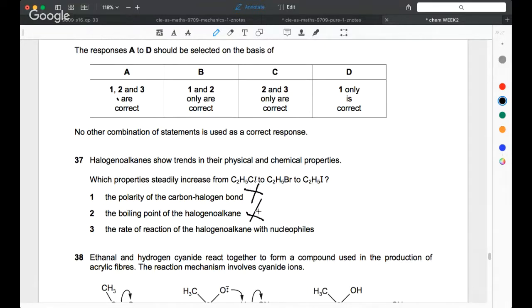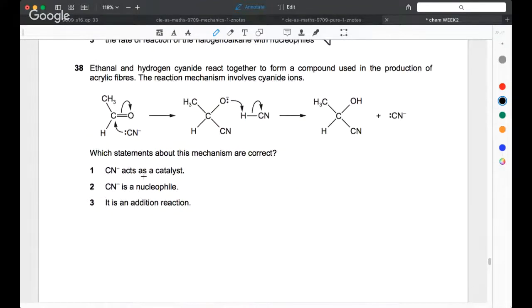Decrease, yes, because it's less polar. Yes, because the bond energy is less. That's right. 38. Yes, because it remains unchanged. Yes.